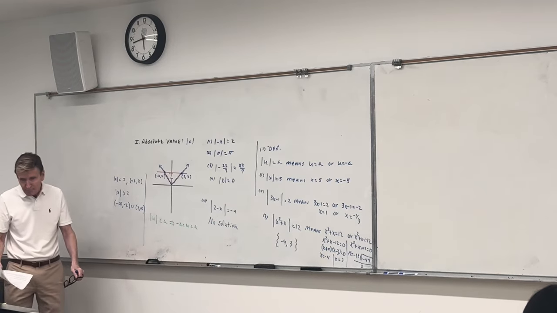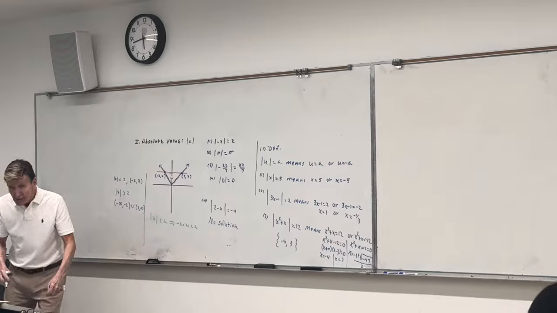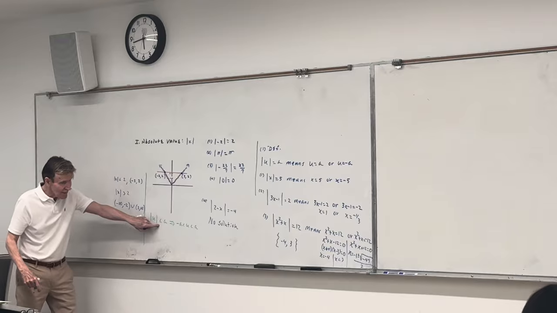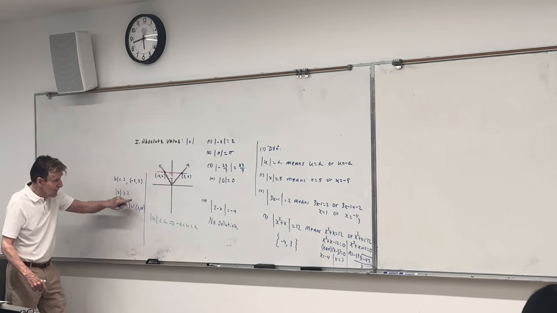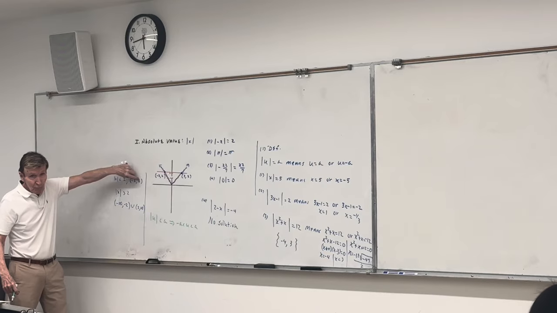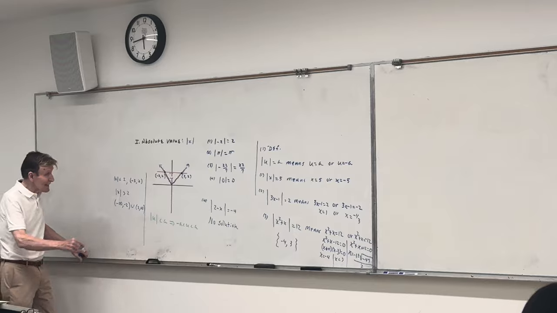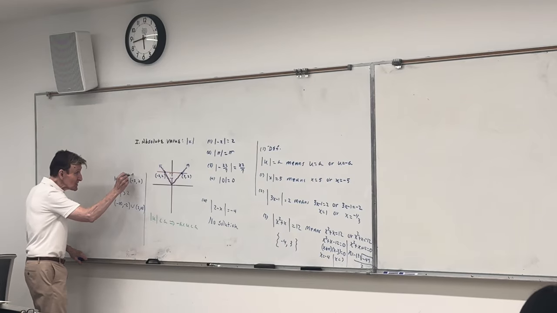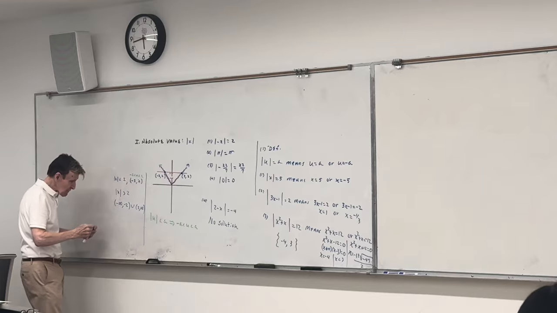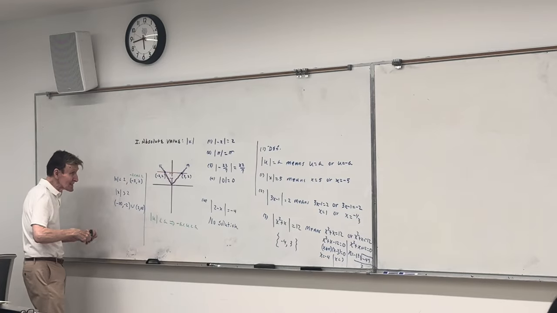Guys, please tell me. On my illustration, I have a less than right here. I had a less than in an example here. We found the answer up here to fall between -2 and +2. Is that the same thing as -2 less than x less than 2? Are these two statements, the green and the blue up here, saying the same thing?